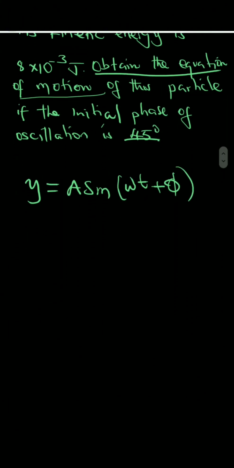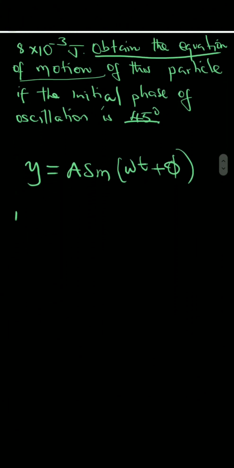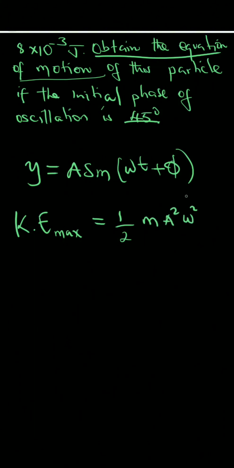What we know is that at the mean position, you have maximum kinetic energy, of which the formula is half the mass multiplied by amplitude squared, angular frequency squared. So from this formula, what we're looking for is the angular frequency. Now we're going to substitute our values and see what we can get.